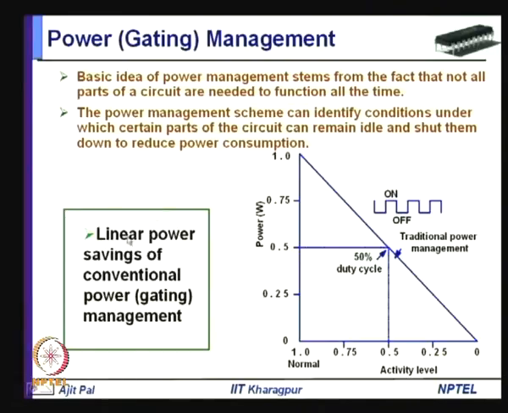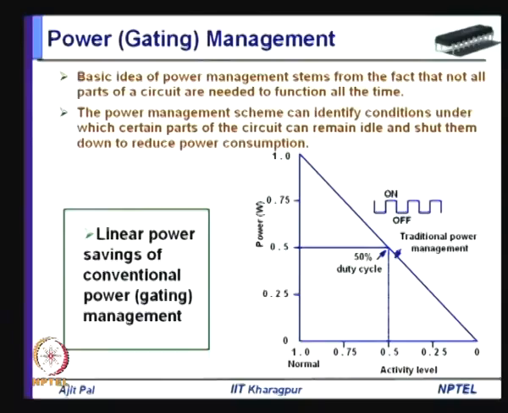But unfortunately, as we have already seen, this can occur only when the circuit is in standby mode, that is, the circuit is not in operation. Power management is essentially applicable when a particular subsystem or system is not in operation. So, you can do power gating and achieve leakage power reduction.